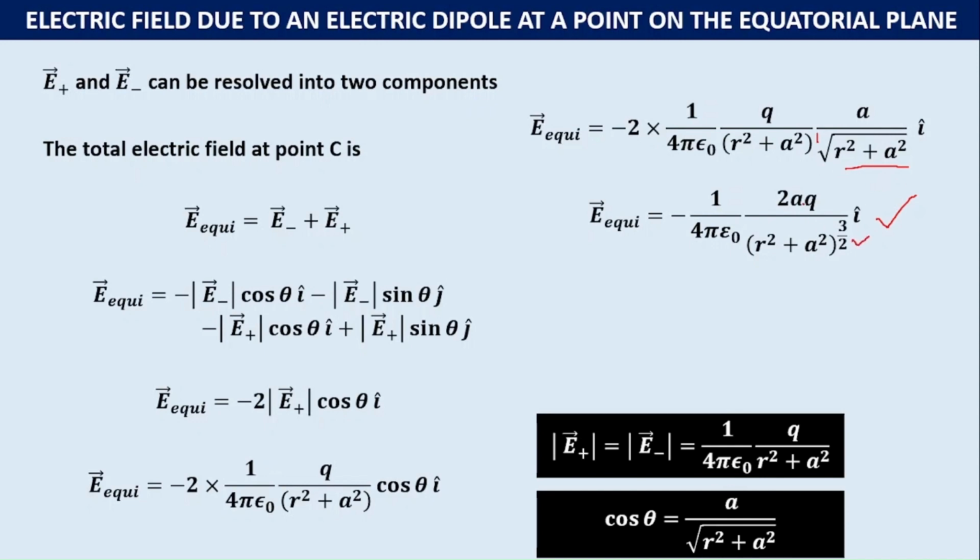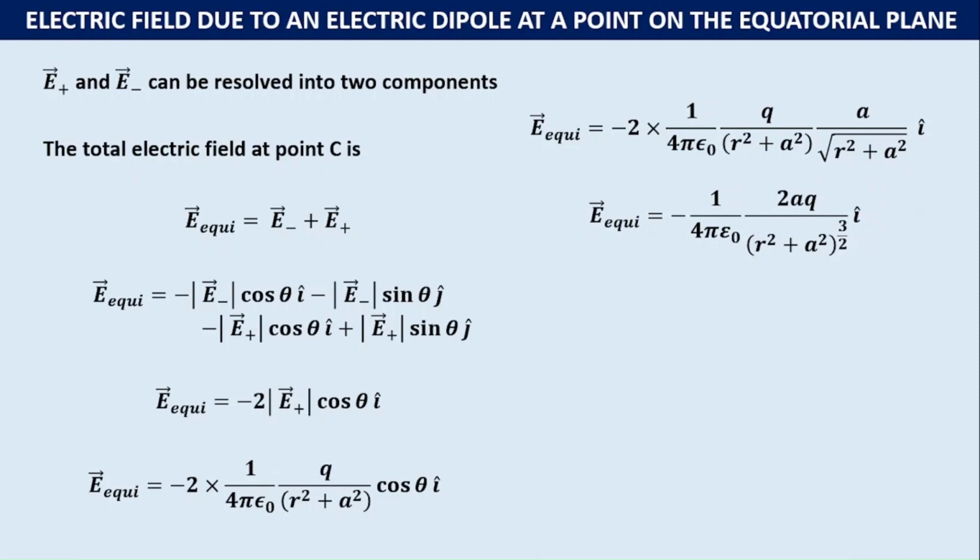Good, right. And this term 2aq i cap becomes p vector. Since 2aq i cap becomes p vector, E equatorial vector equals minus 1 by 4 pi epsilon naught p vector divided by r square plus a square to the power 3 by 2.